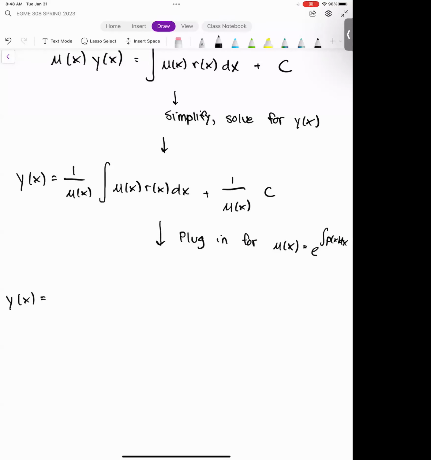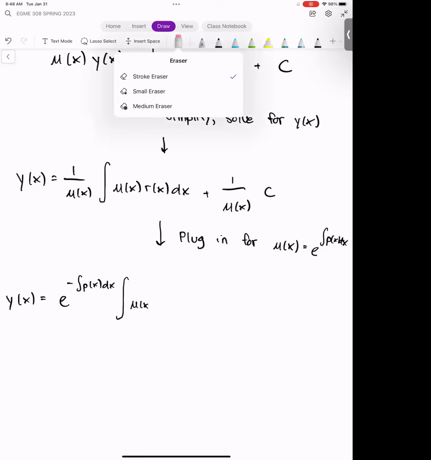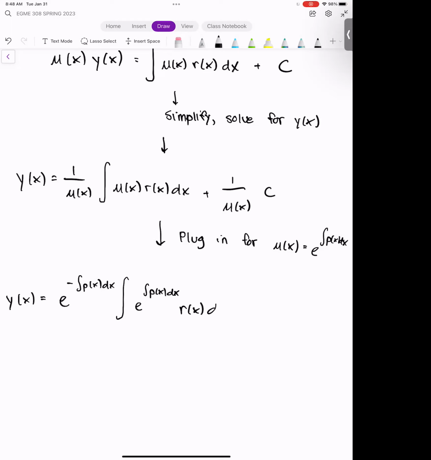And so we have y of x is equal to 1 over mu of x. 1 over mu of x is just going to be e to the minus integral p of x dx, times the integral of e to the integral p of x dx r of x, plus e to the minus integral p of x dx times c.